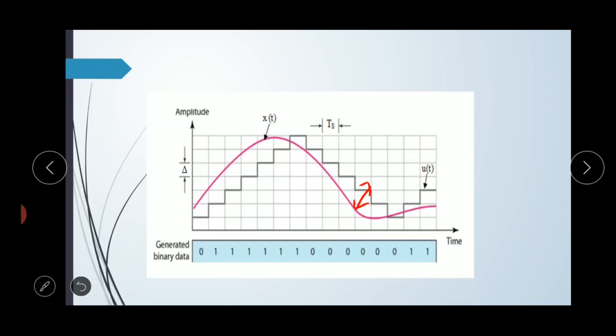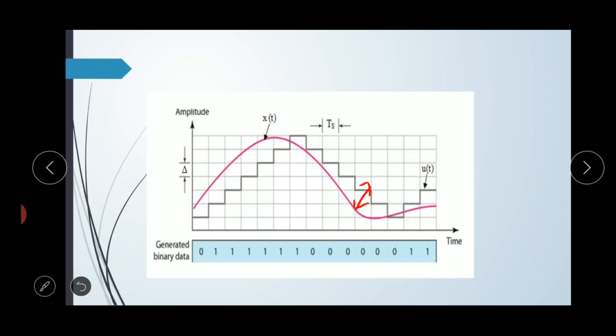So we can say when the input signal is changing too fast, at that time the fixed step signal cannot properly approximate that input signal. So there slope overload distortion occurs, and when the input signal is changing slowly, the fixed step signal also cannot approximate properly.